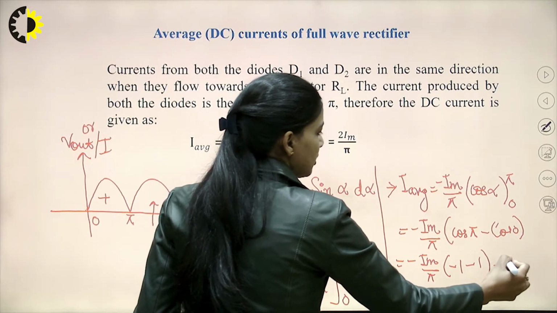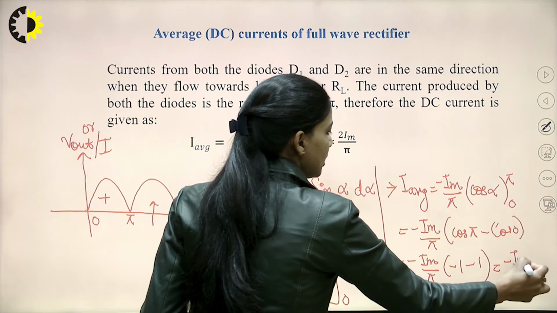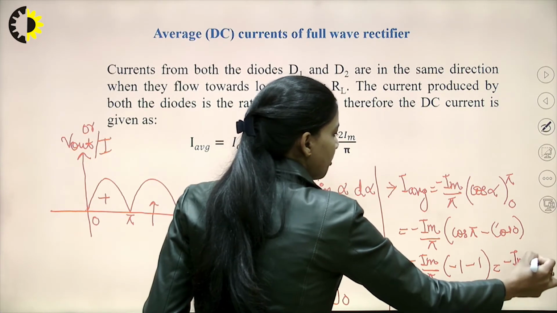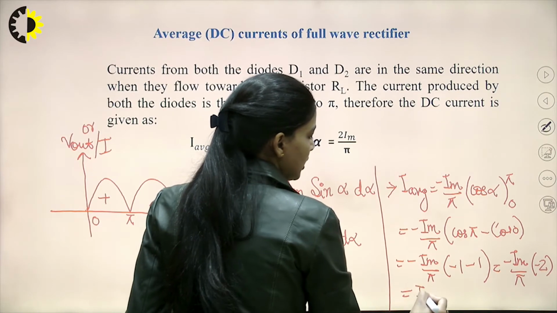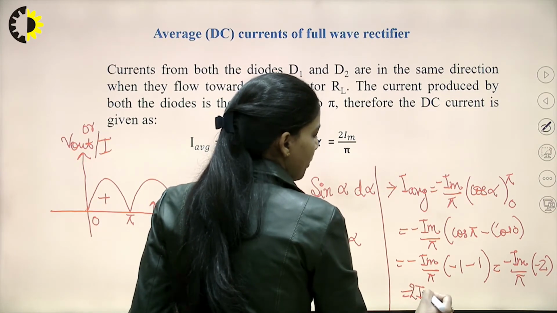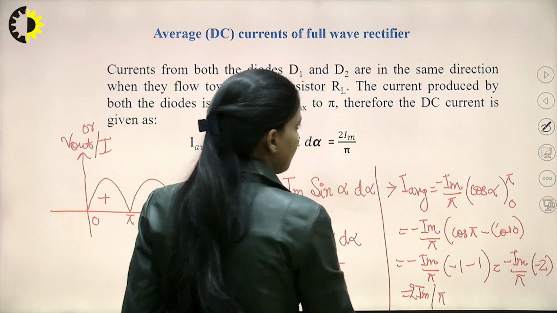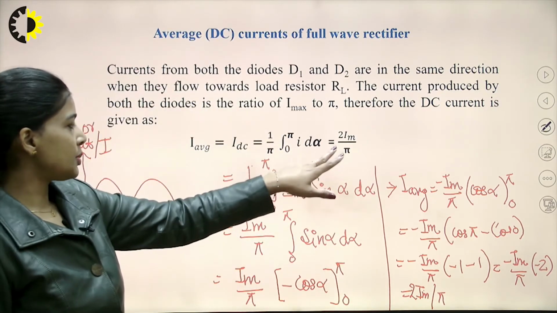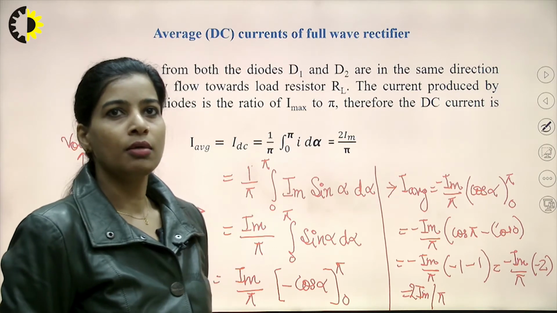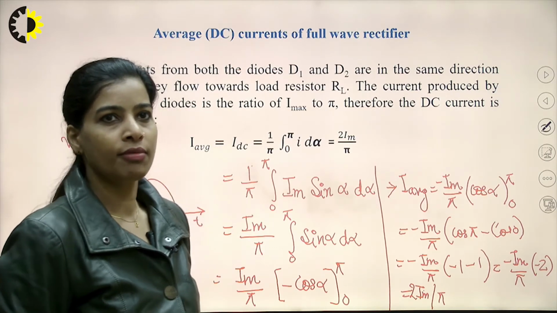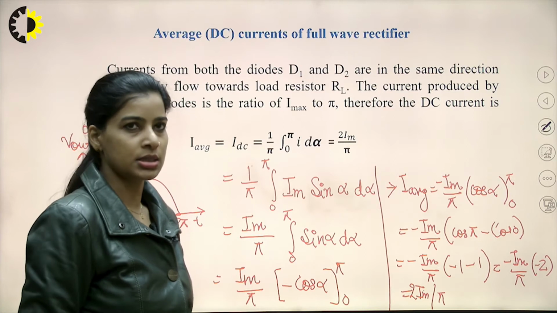So, we get minus Im upon pi multiplied by minus 2. So, finally, we get 2 Im upon pi. So, this is the final expression of average current or the DC current flowing through the full wave rectifier circuit.